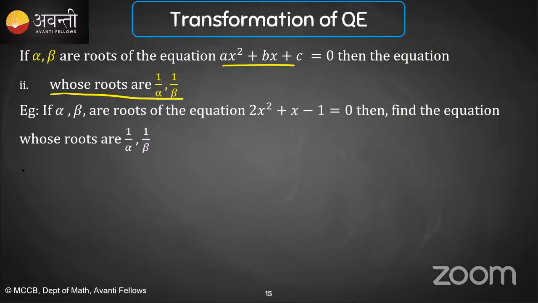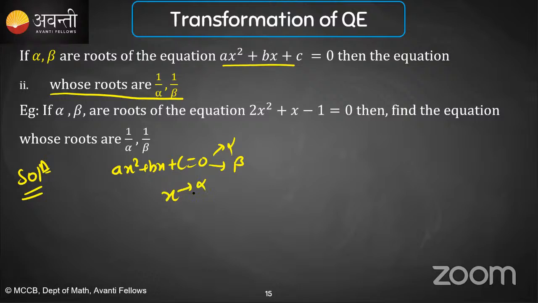Again same procedure, students. So a x square plus b x plus c is equal to 0, its roots are alpha, beta, right? So the roots of x are alpha, beta, right?